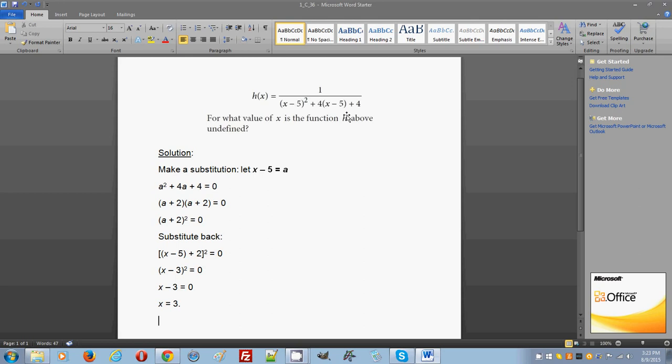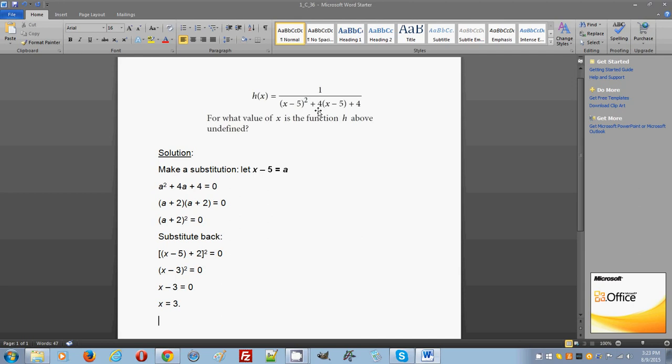When you work this out, when you expand and simplify this thing, you will have x squared minus 6x plus 9, and you're going to set that equal to 0 as well.